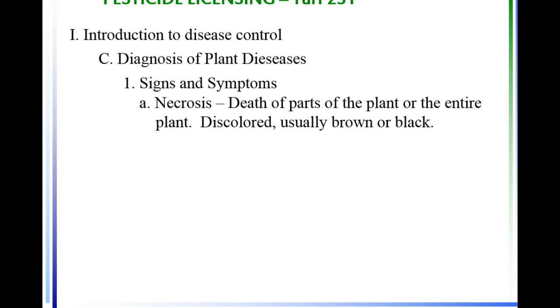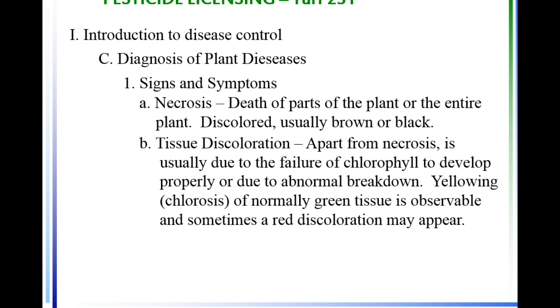Okay, so if we look at that, a symptom would be any detectable change in the plant itself. It changes color or shape. One of the first things you're going to look at is necrosis, or death of plant parts. And usually they're going to become discolored. They may start out yellow, then get more yellow-tan, then go really tan, then go brown, and then go black. So that's necrosis.